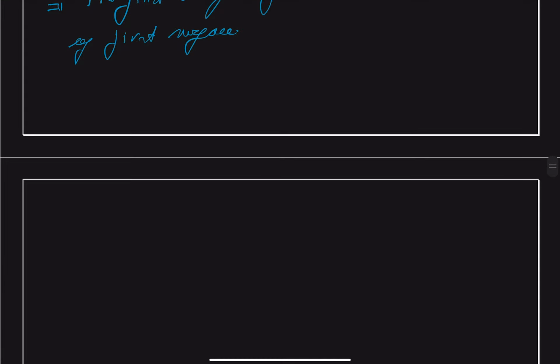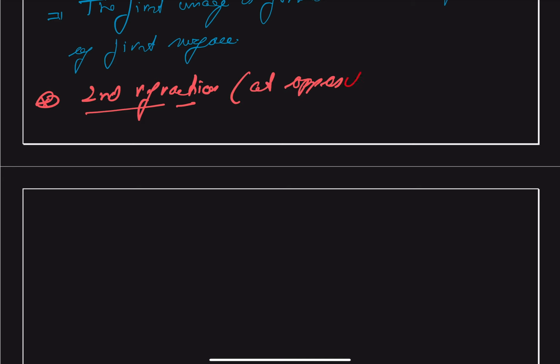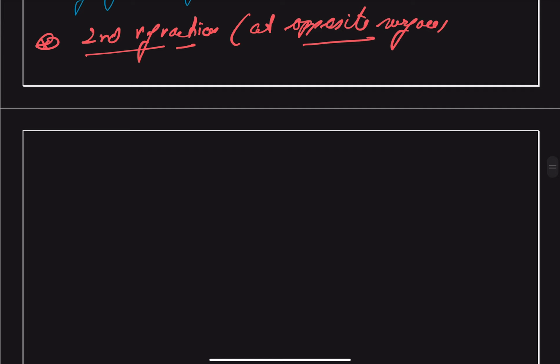Next we come to the second refraction, that is at the opposite surface. So here now the first image is going to act as a virtual object.